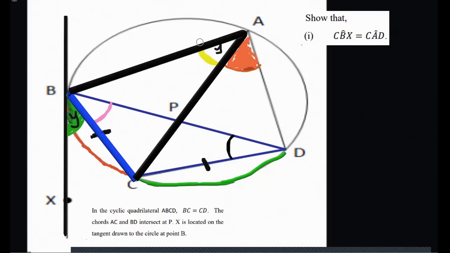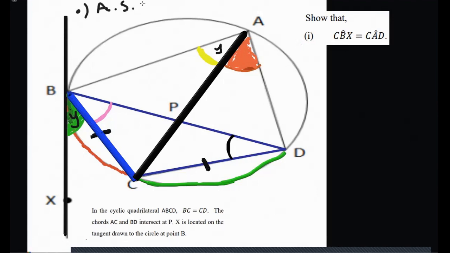So which chord has subtended this yellow color angle? Chord CB. It is the same chord which helped the tangent to make this green color angle. Therefore, these two are equal, under the alternate segment theorem. So we'll just remember that. The green angle is equal to the yellow angle using the alternate segment theorem.